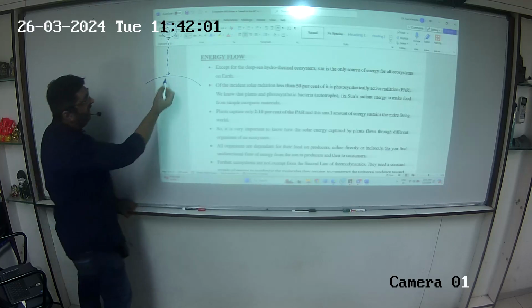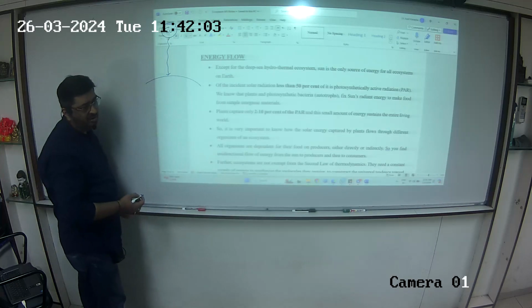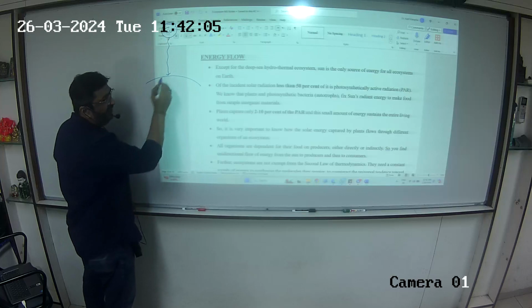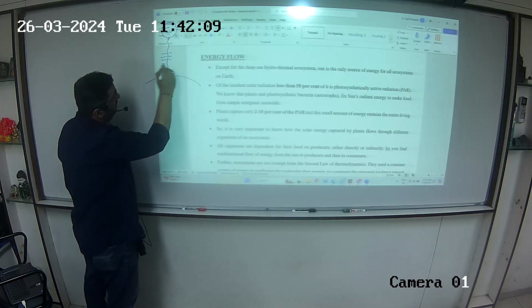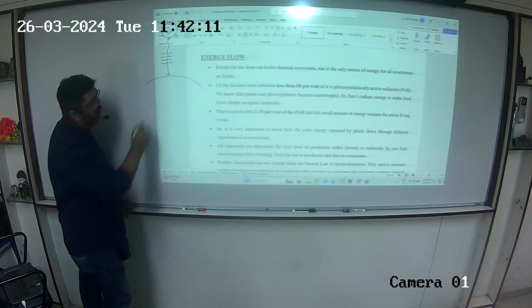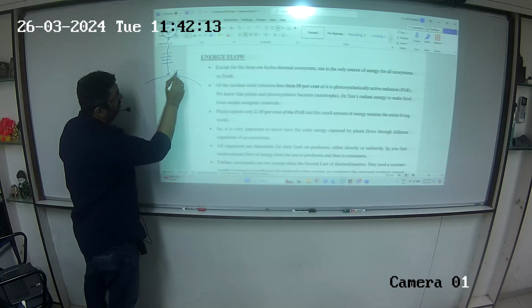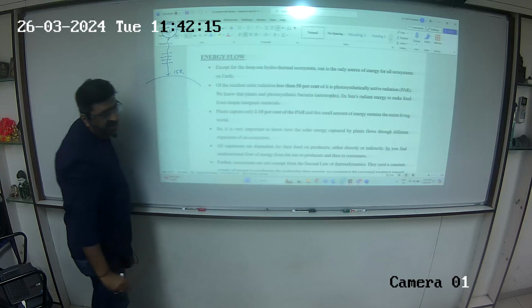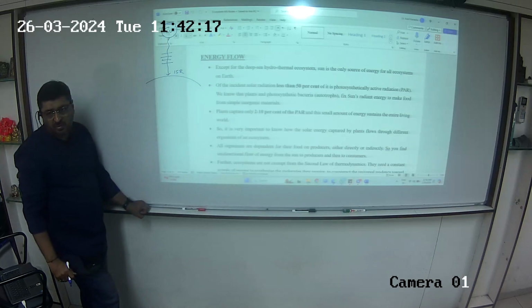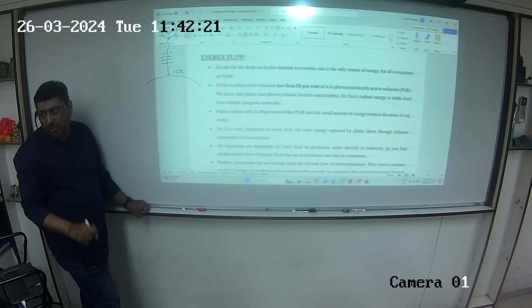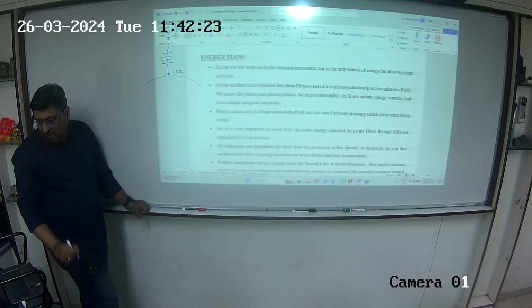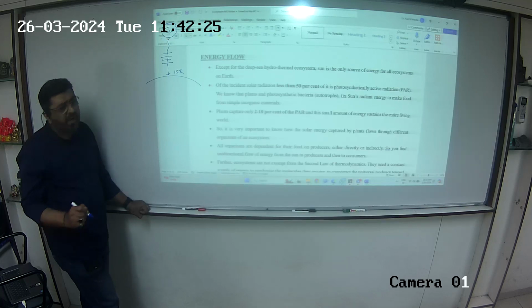So the entire sunlight does not reach. But whatever reaches, after passing through layers of atmosphere, is called ISR, incident solar radiation. Whatever falls on the earth is incident, it's on point, so it's called ISR, incident solar radiation.